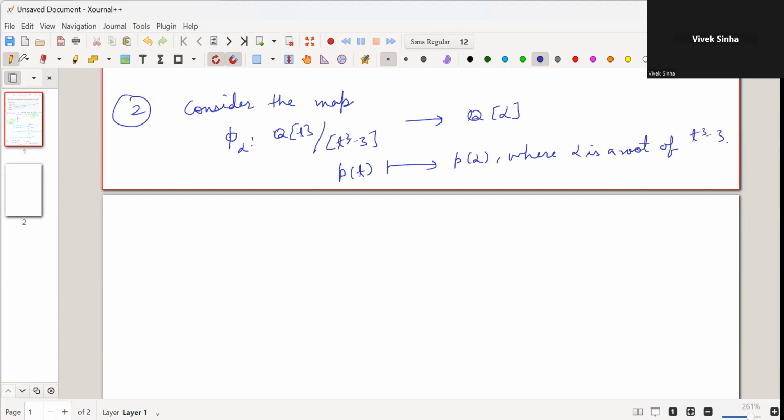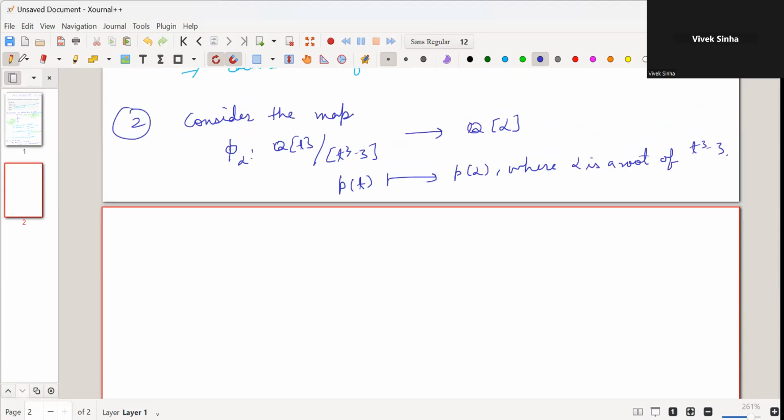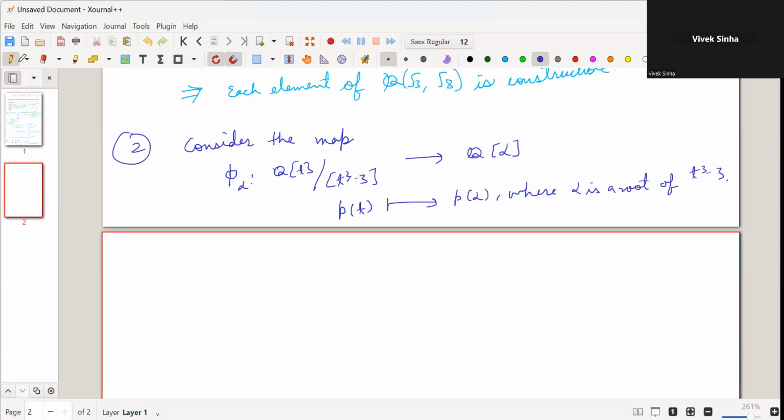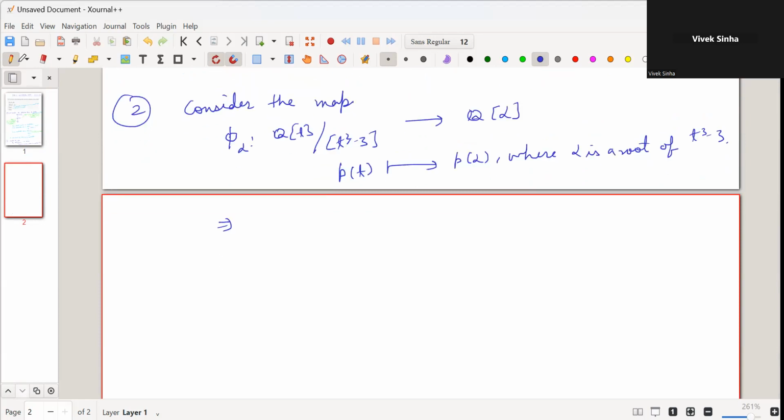So in this way, we will get an extension Q(alpha) of this kind.